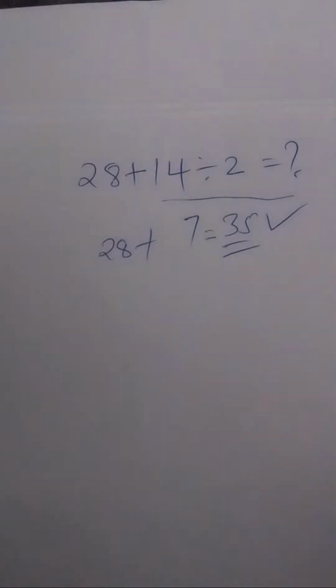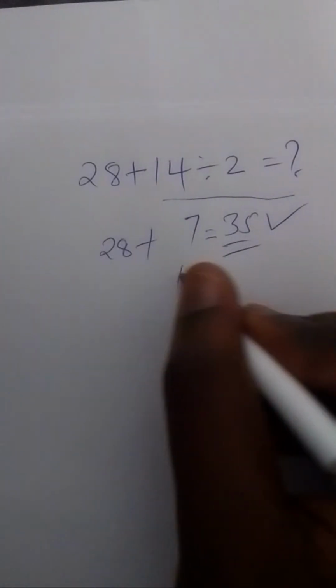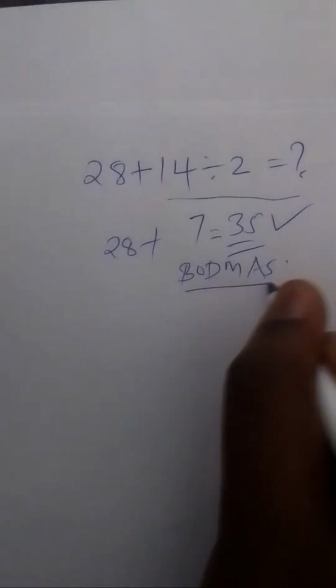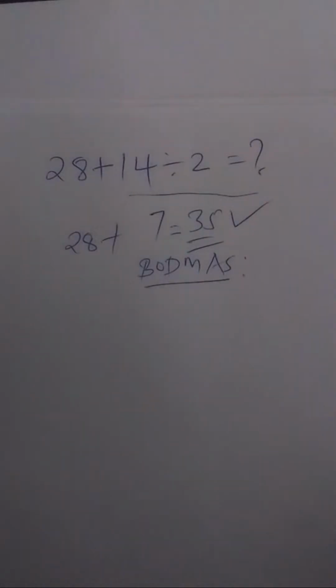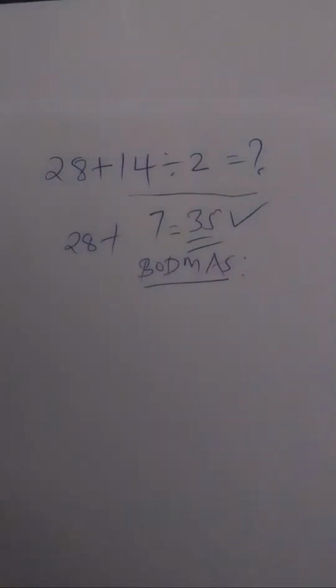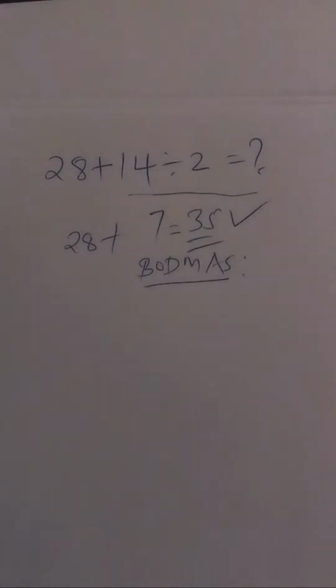So there is a procedure for working it out. There is this thing that is usually called BODMAS. When picking the BODMAS, B always stands for the bracket. Then for "of", it can be used to mean multiplication.